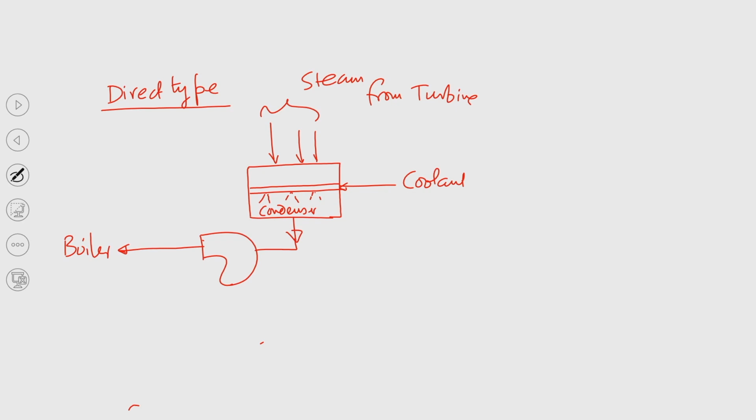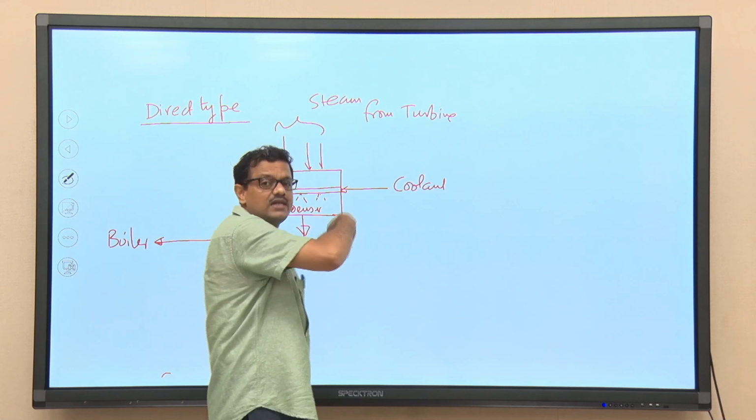Now, since this is direct type, the coolant will be allowed to mix with the steam. So, the amount of condensate that we get is higher than the mass flow rate of the working substance in a cycle. We know the mass flow rate of the working substance in the cycle, but since we are externally supplying coolant, this externally added coolant will increase the mass flow rate.